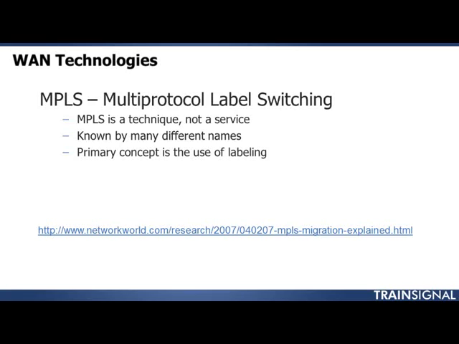And I included on the screen an actual link to an article where you can read about this in great detail if for some reason you come across the need to have absolute knowledge of MPLS. But, for the most part, I'm just throwing it on there because if it comes up on the test, know what its name is and know the idea is that it uses labeling.